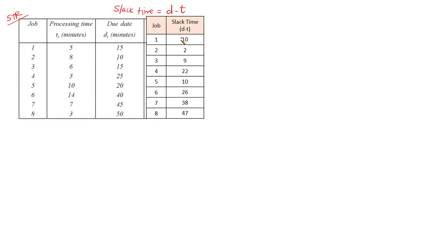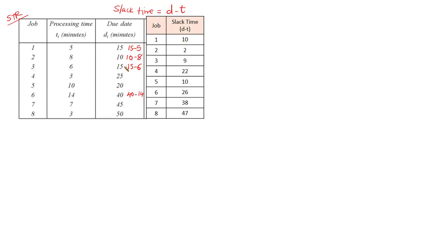For job 1, slack time will be D minus T. It means 15 minus 5. How have I identified this? Like 15 minus 5. For this one 10 minus 8. For this one 15 minus 6. Likewise for this one 40 minus 14. So as you can see, 15 minus 5 will be 10.